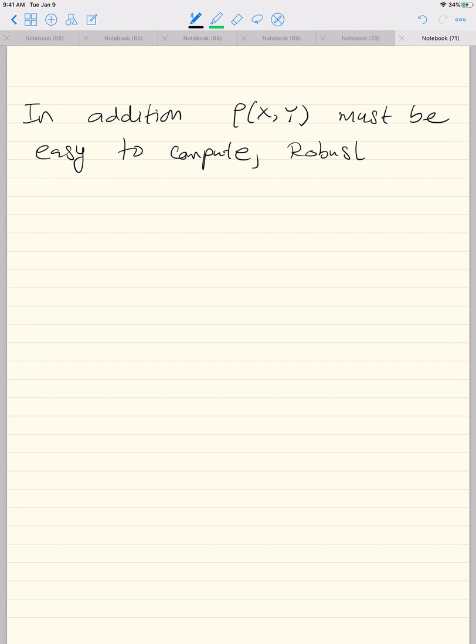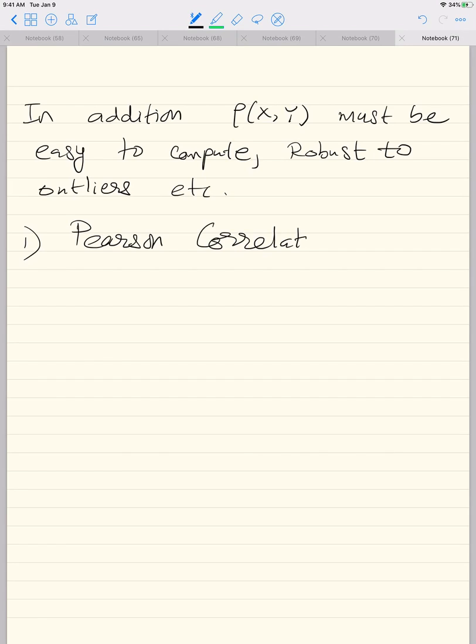It must be robust to outliers, etc. So the first correlation measure that we will study is the Pearson correlation.